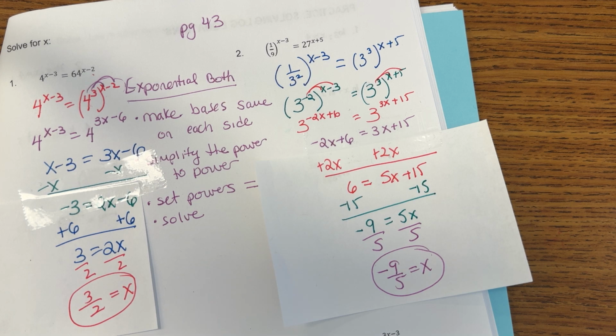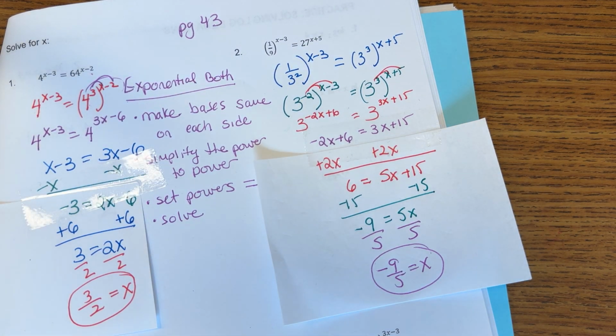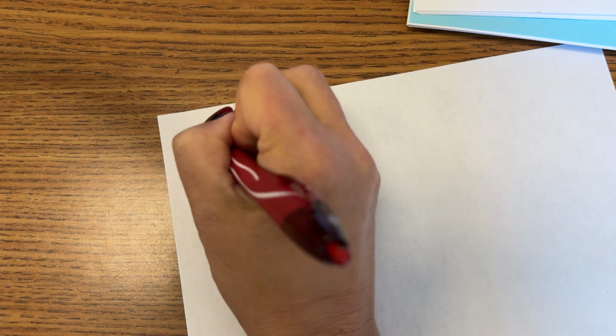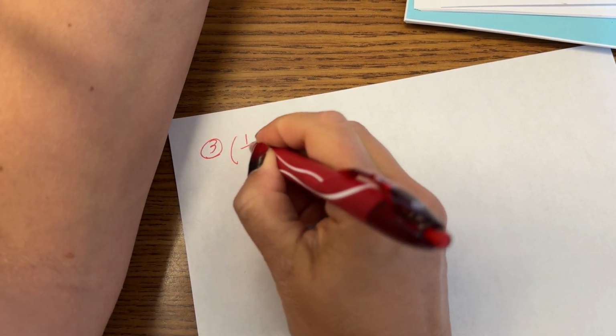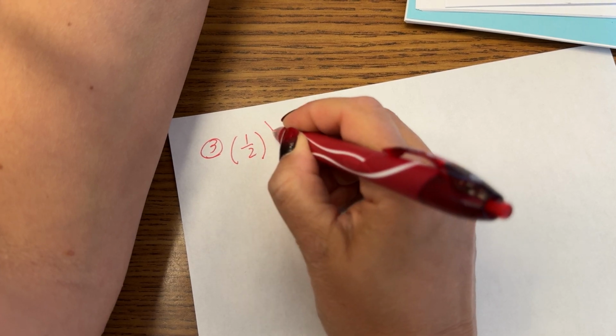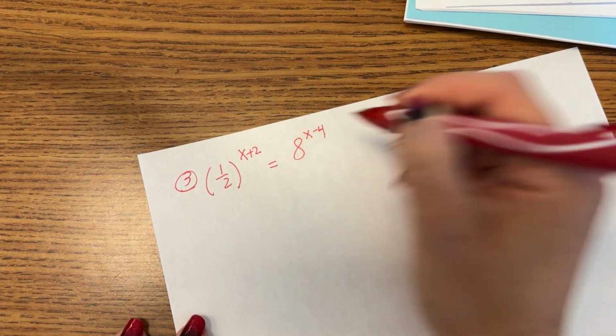Okay, I'm going to uncover 4, 3, and 4. All right, number 3. One half to the x plus 2 equals 8 to the x minus 4.